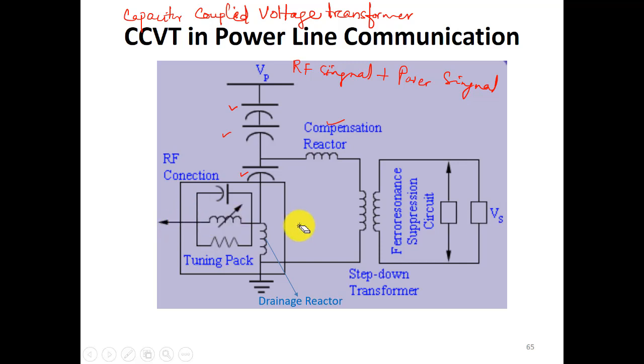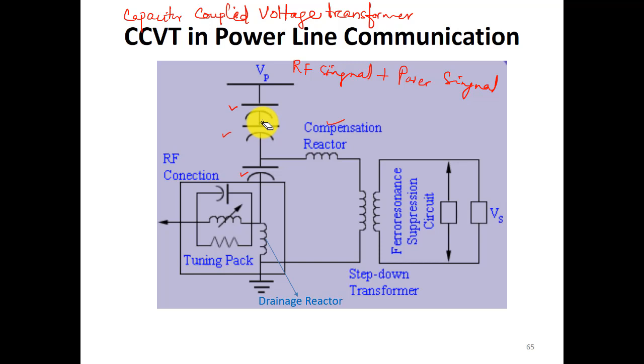Now, this reactor will provide a drainage path to the power signal. Whatever power signal comes through this, it will provide a drainage path for the power signal, not for the RF signal. In this way, these capacitances are very useful to trap the RF signal, or the communication signal, in power line carrier communication.